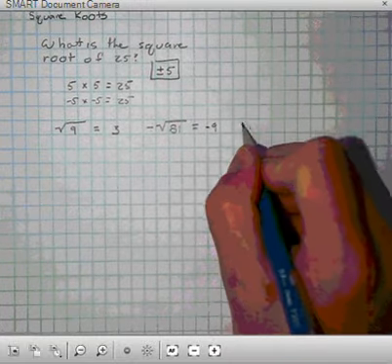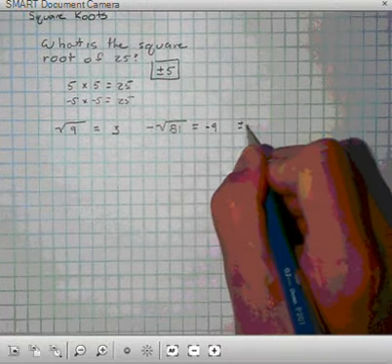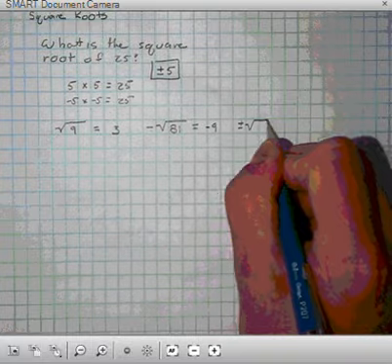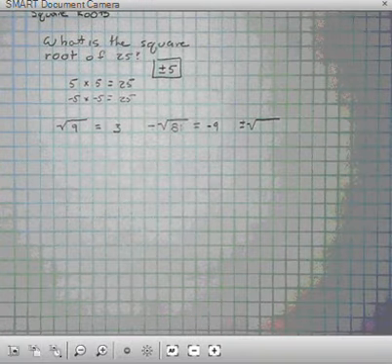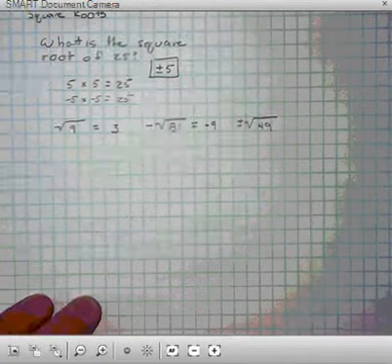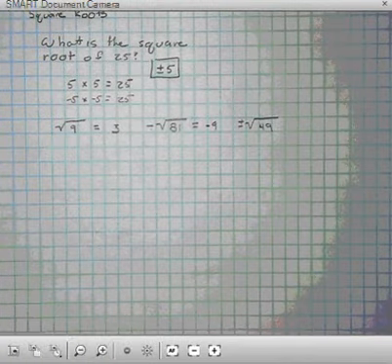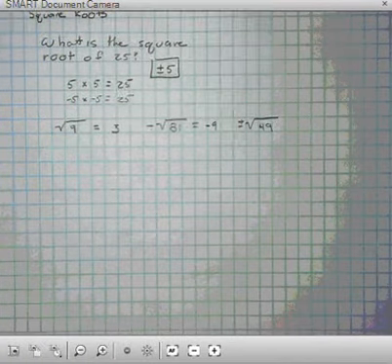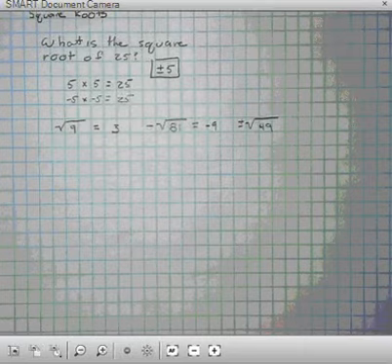Every so often, they're going to ask you for both. And this is how they do that. So they use both the positive and negative symbol in front of the radical. That square root symbol is called a radical.